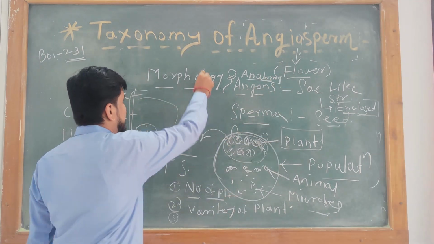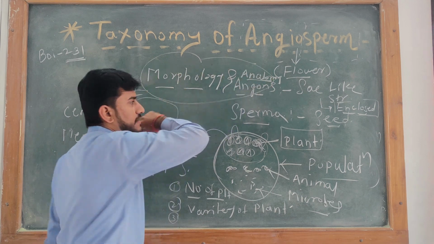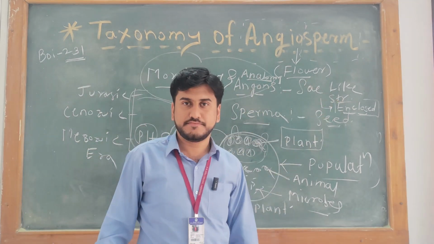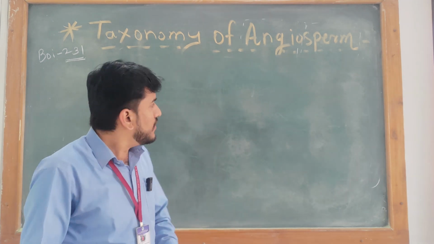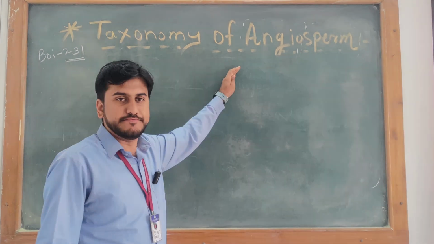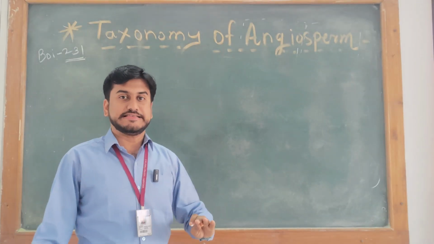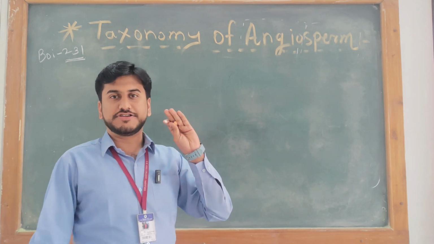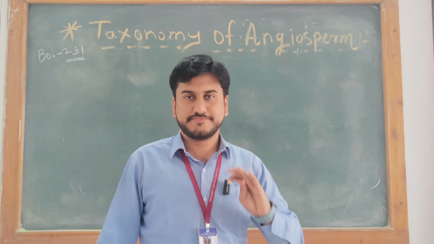Okay, so this is the introductory lecture on the meaning of angiosperm. Now we are discussing the angiosperm plant classification system, evolutionary period, evolution according to the scientists Bentham and Hooker.